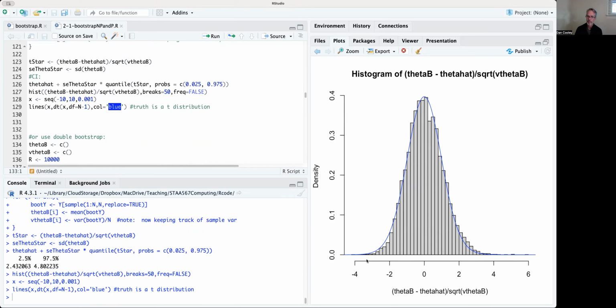What this is designed to show is that under this particular situation, this estimate of the sampling distribution, which accounts for the t, very closely mimics the true t distribution. Okay.